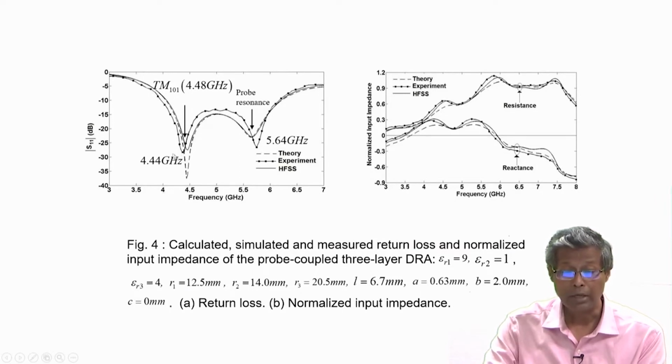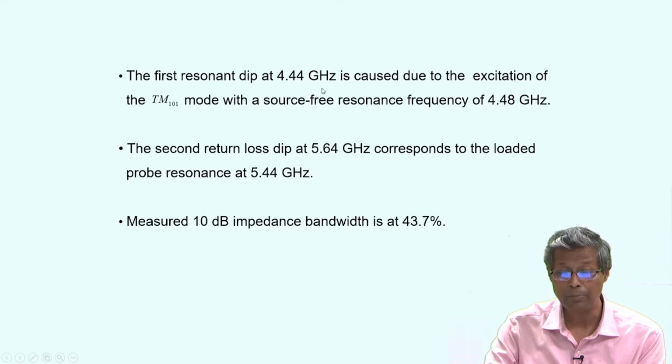So, we see that there are two essential dips. The first dip is contributed by the TM101 mode, the second dip by the probe resonance. So, the first resonance dip at 4.44 GHz is caused by the excitation of the TM101 mode with a source free resonance frequency of 4.48 GHz.